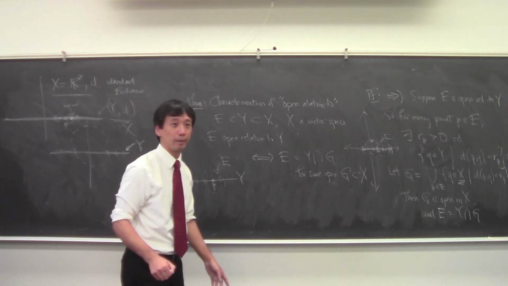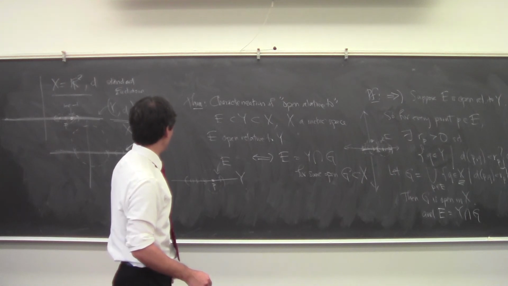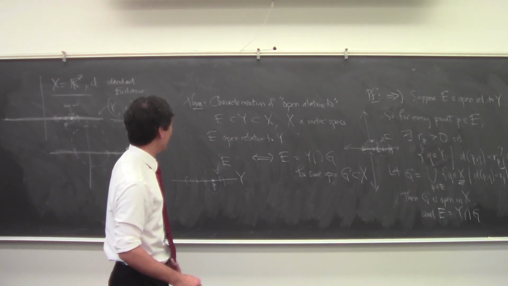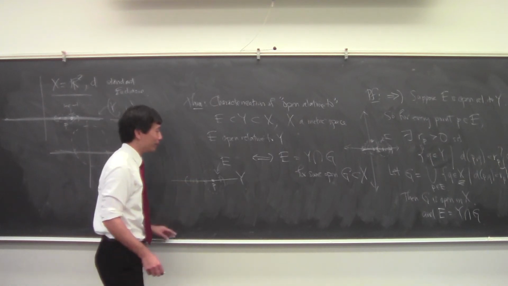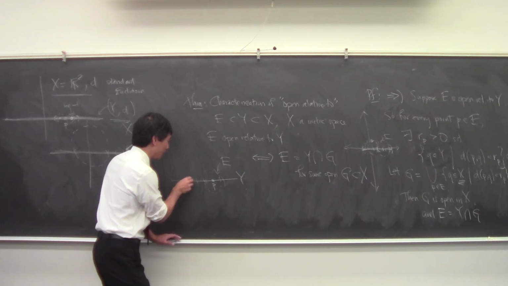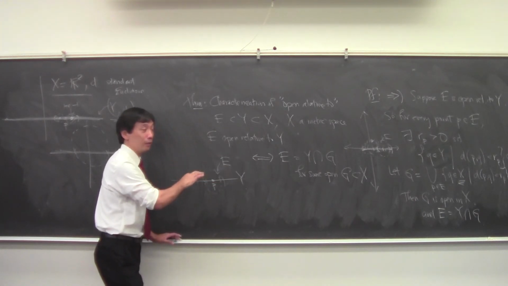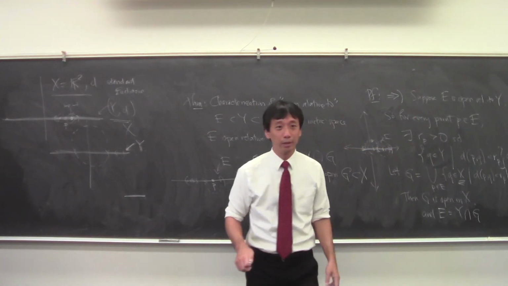Susan: Is the union going to be a big circle in this case? In this picture, it could be. It sort of depends on how you do it. I could cover every point with a tiny interval like this, in which case I'm never going to get a huge one. It depends on how I choose my cover. But it doesn't matter.